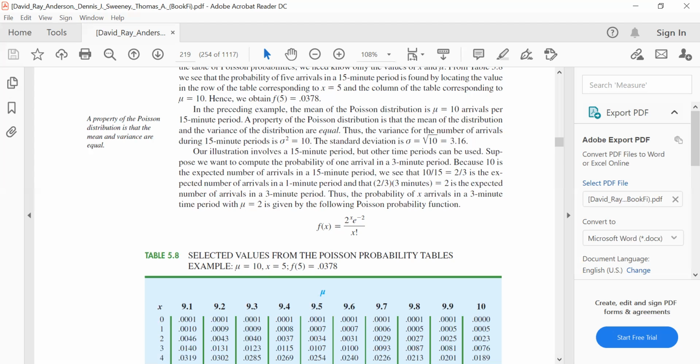As we have computed the probability for 3 minutes, you can also compute the probability for 6 minutes, 5 minutes, 10 minutes, 12 minutes, by using the same calculation.